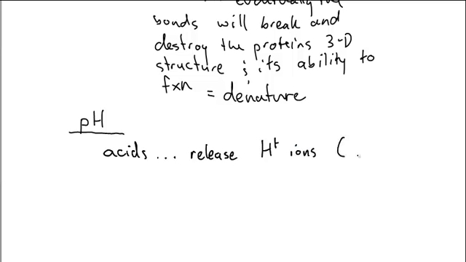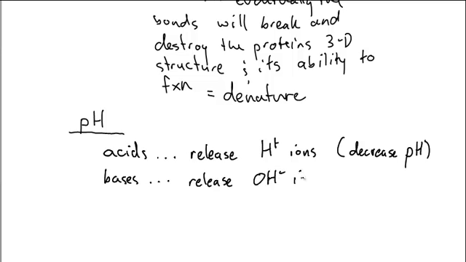You have more H plus ions, you decrease pH. In contrast, bases are defined by their ability to release OH negative ions, which will increase pH.